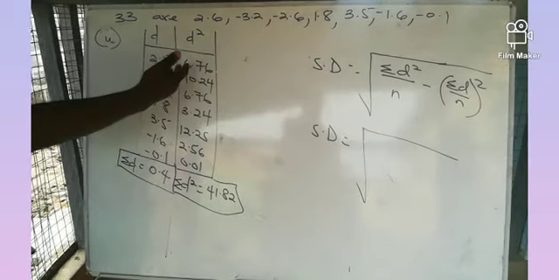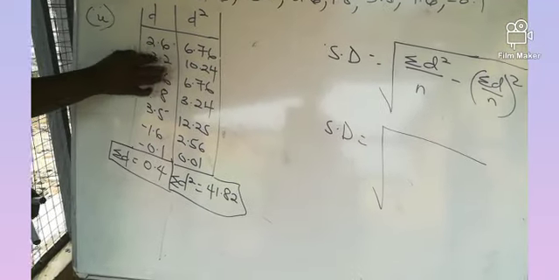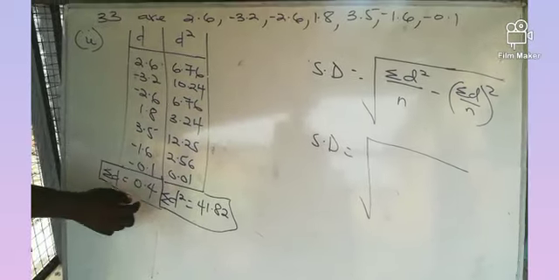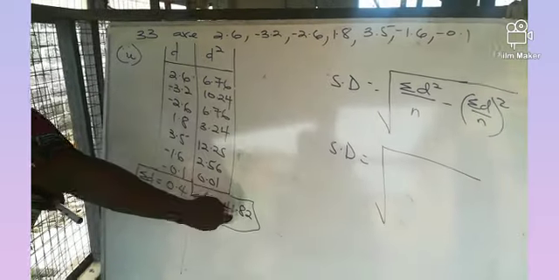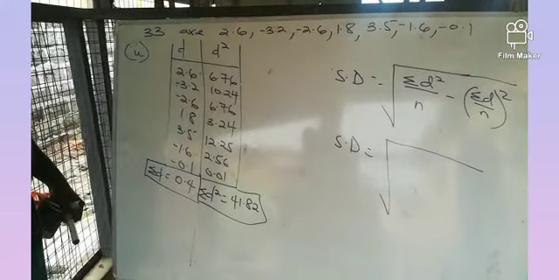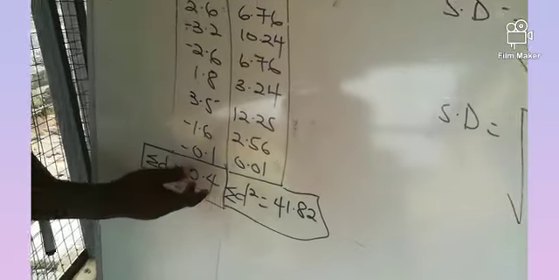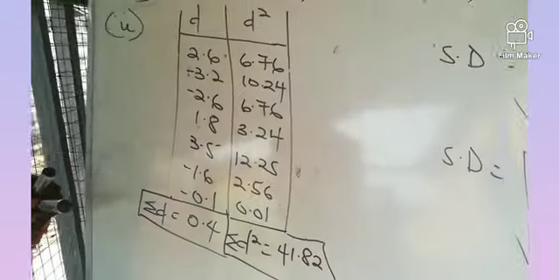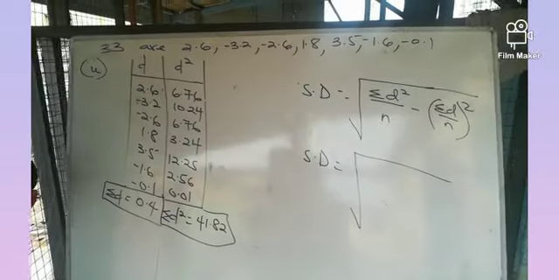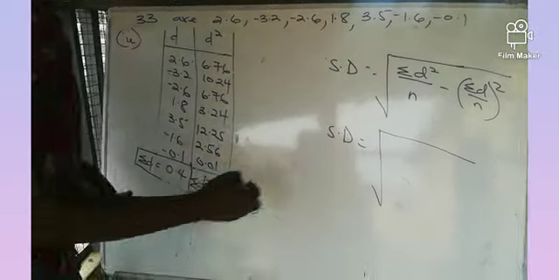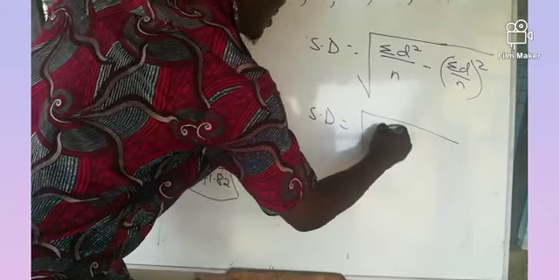So if you continue, that will be the values of the square values of the deviations. So summation of the d squared is going to give us 41.82, and summation of the d value, we know it to be 0.4 when calculating the mean using the first approach.